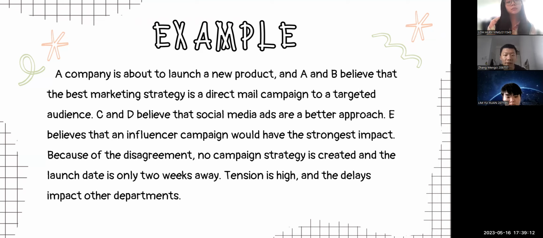Because of the disagreement, no campaign strategy is created, and the launch date is only two weeks away. Tension is so high, and the delays impact other departments. This example shows that team members in the same group have different opinions on the implementation of the plan, which affects the cooperation with other departments.